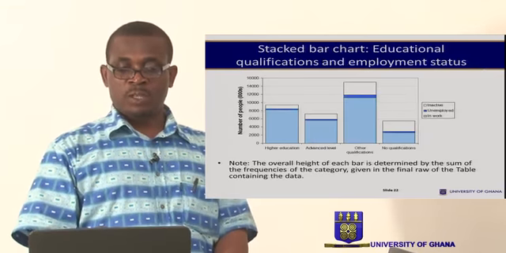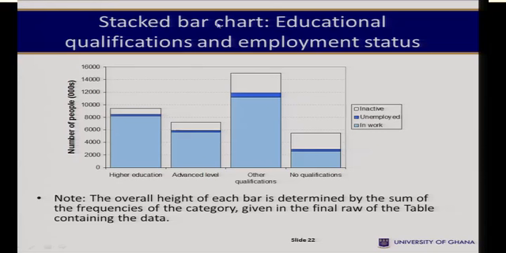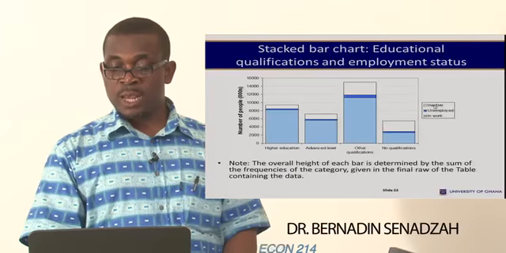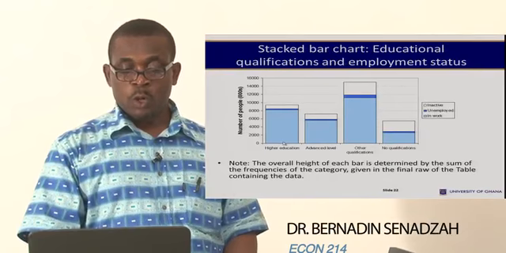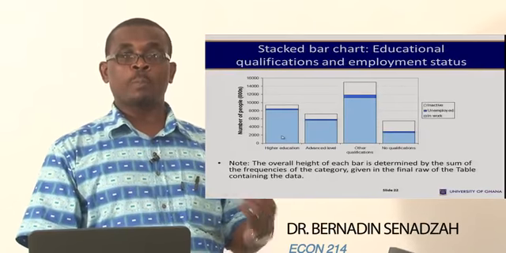Now you can also have what is called the stacked bar. What it means is that we put bars on top of one another. So, for example, even though we still want to represent the three categories of employment status, we don't put them side by side, but on top of each other.